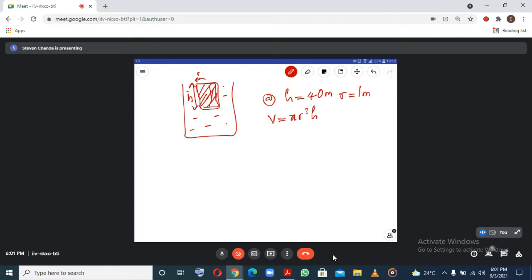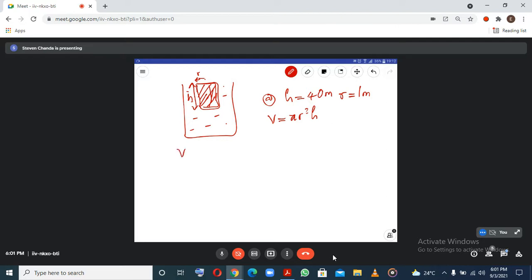Once you've done that, you want to calculate the volume. And just to give an overview of how we are going to solve this, here is the catch: you are going to use the volume to calculate the mass using density, then from the mass you can find the weight.